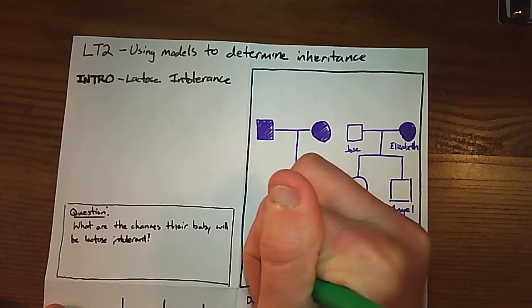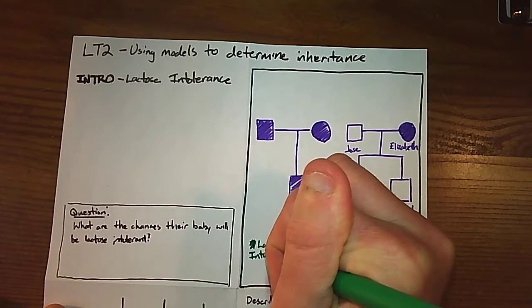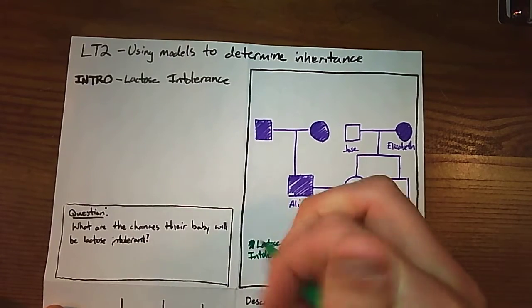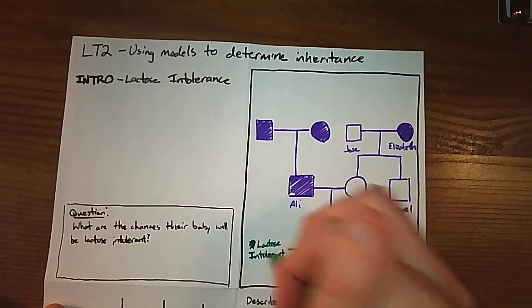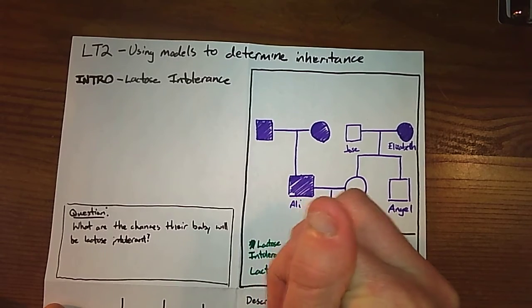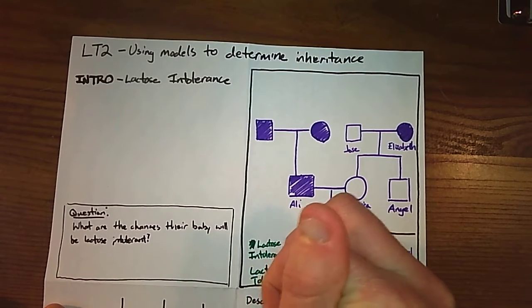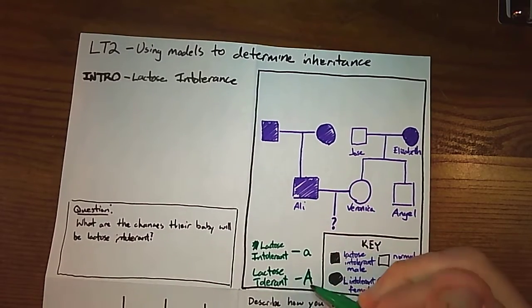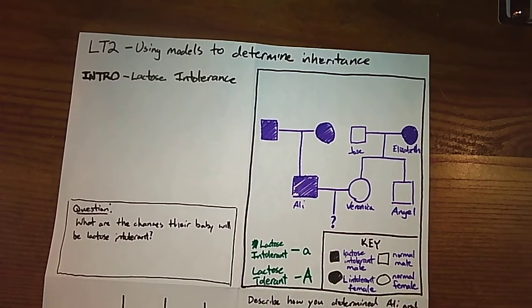Lactose intolerant: the allele for that is recessive. I'm going to make an A. You could do another letter if you'd like. And then lactose tolerant is dominant. So big A. All right, so I'm going to use this and apply it to my pedigree.